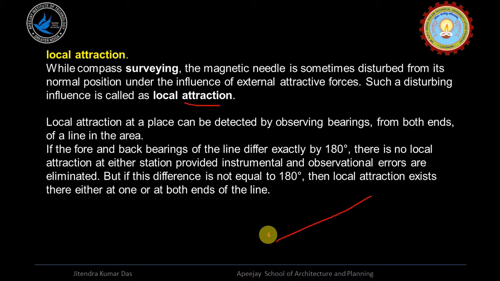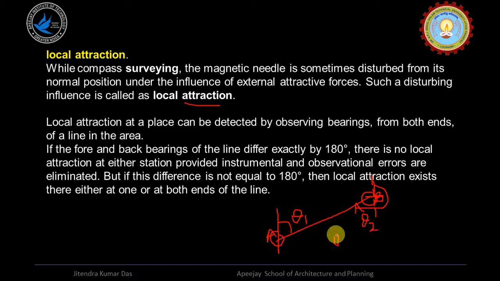Try to understand it. Suppose it is line AB, and we try to establish the bearing of line AB. We place the prismatic compass and find the bearing. Suppose this is the fore bearing theta 1, and again we place the prismatic compass at B, and we have the back bearing, theta 2.